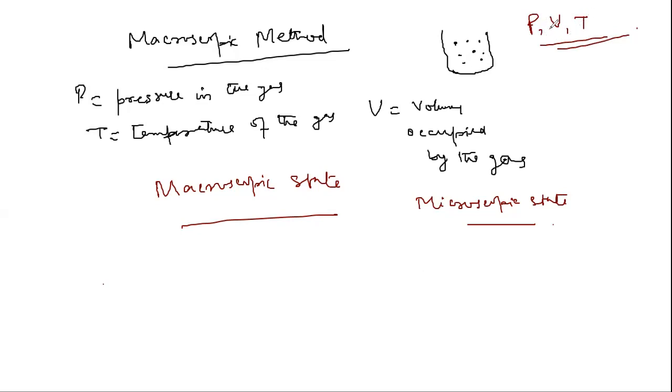It has acquired some pressure, some volume, some temperature. But internally in the system, the molecules are moving. Their positions, velocities are changing. That means microstates are changing, but the macrostate is specified. So corresponding to a given macrostate, there are many microscopic states. So I hope it is clear now to you.